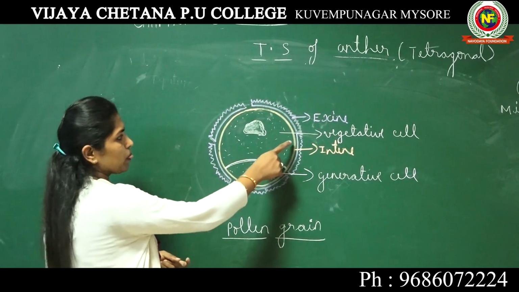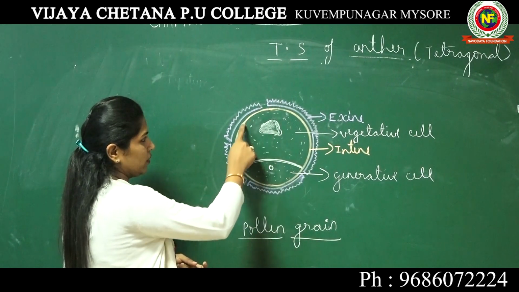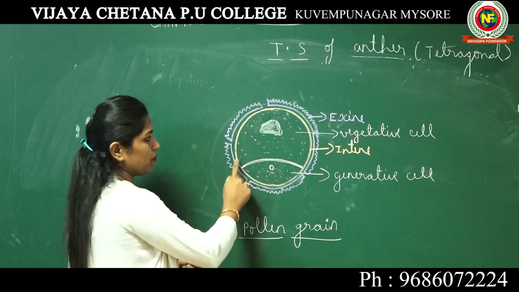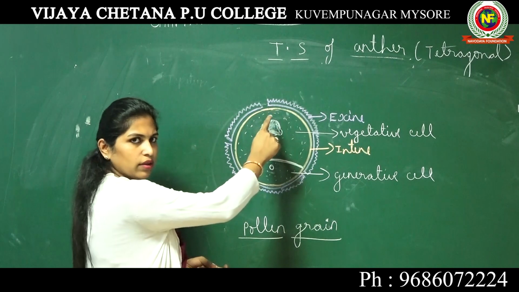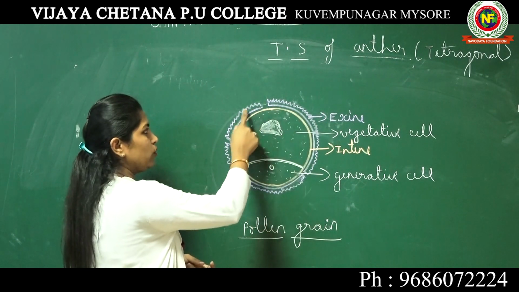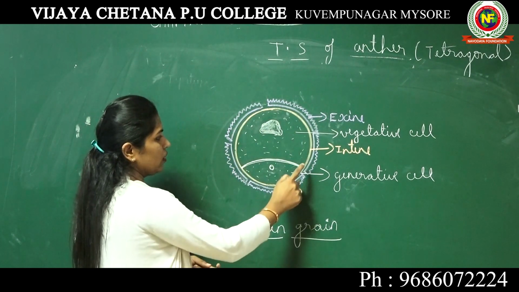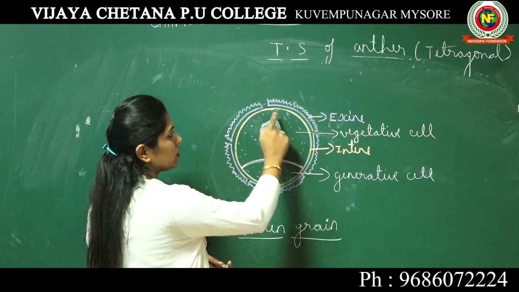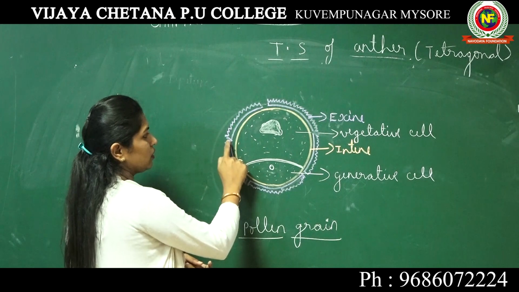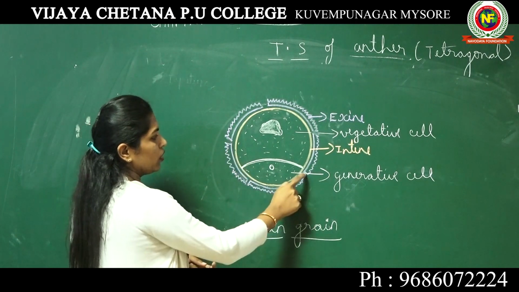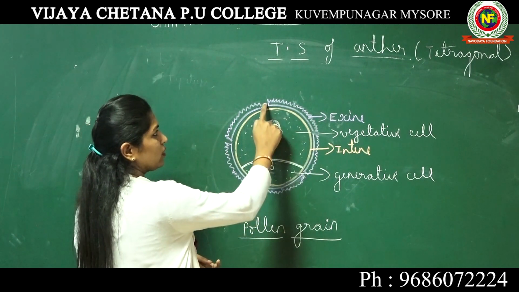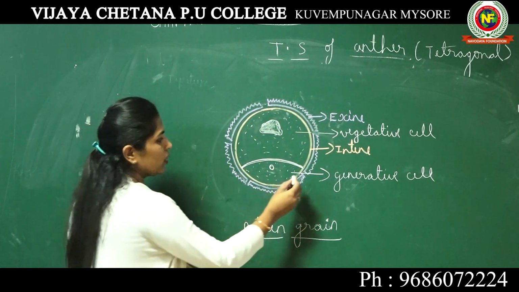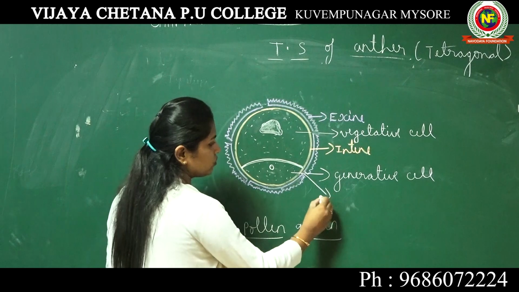Now if you see this intine layer, it is a continuous layer. There is no gap here. However, if you look into this exine layer, you can make out that there are gaps in between. There is a small pore where no exine wall is present.